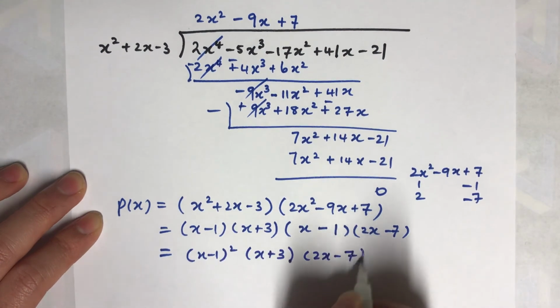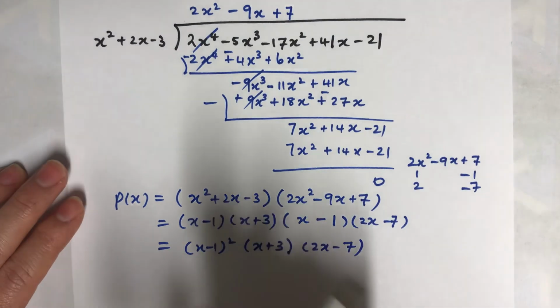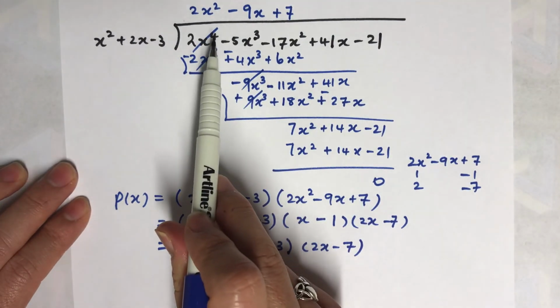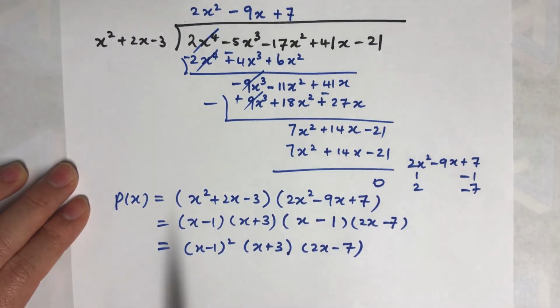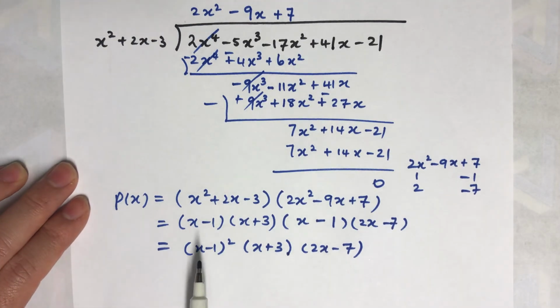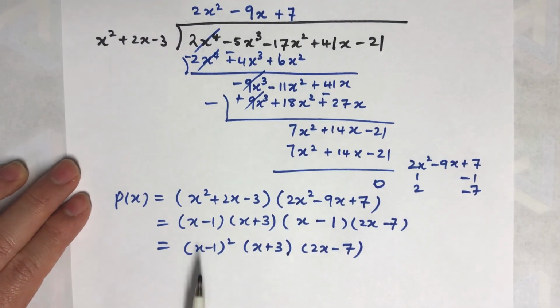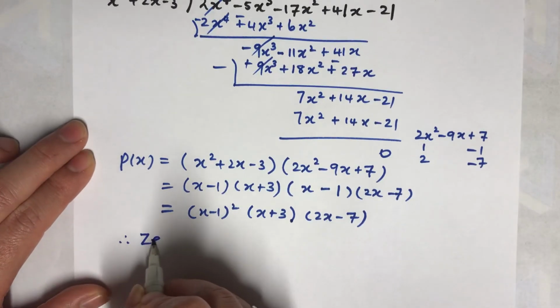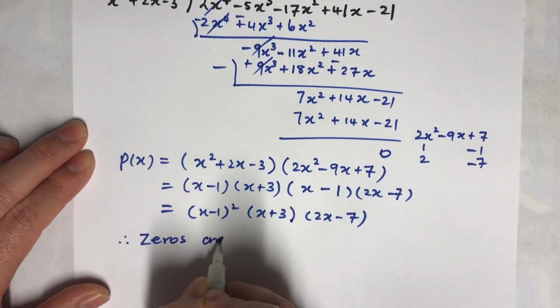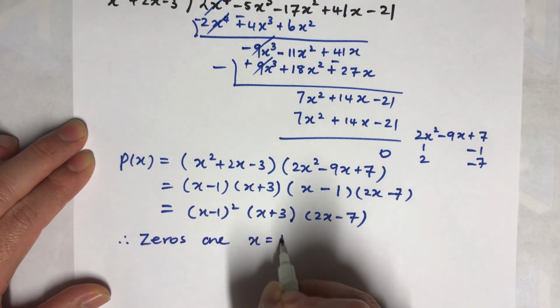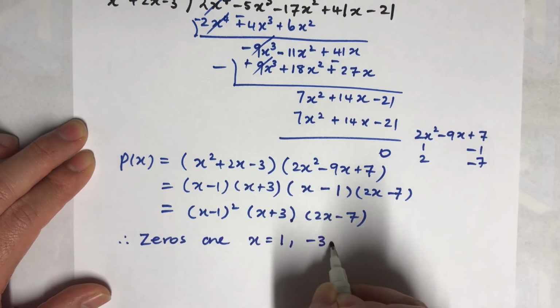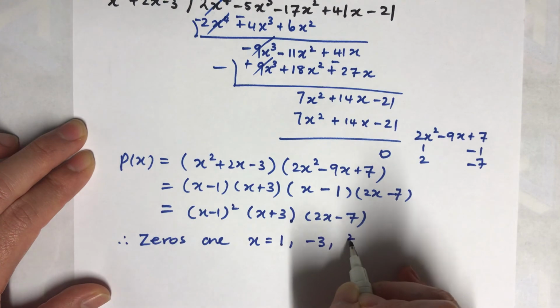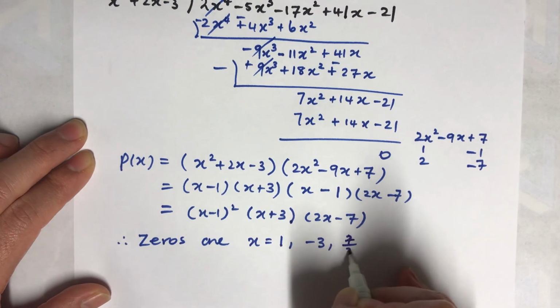I'll get x minus 1 squared, x plus 3, and 2x minus 7. Now this really means, as you can see, the maximum roots you're going to get here is 4. So it is 4, but one is a double zero. So therefore the zeros are x equals 1, minus 3, 7 over 2.